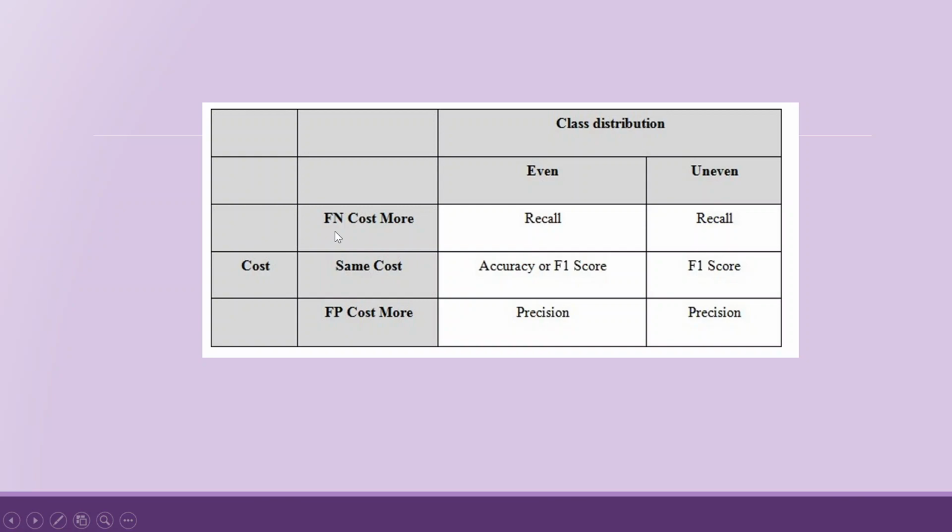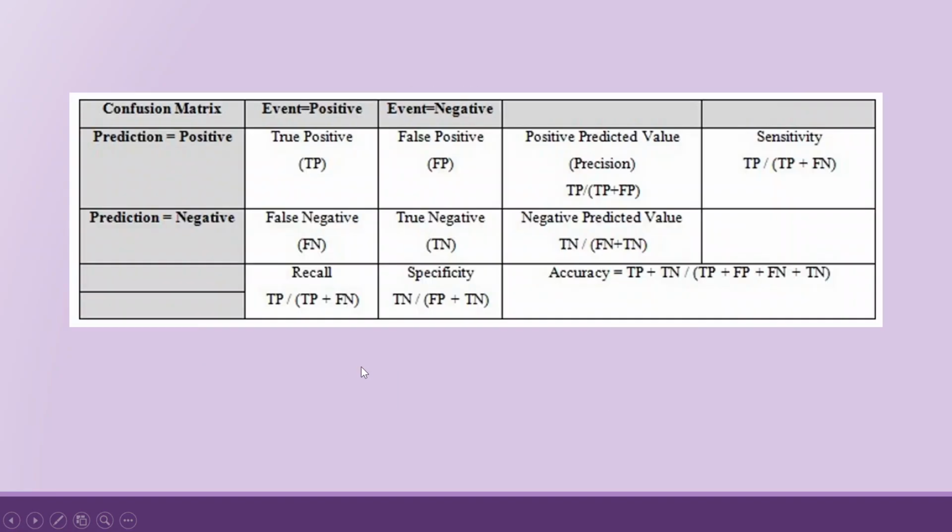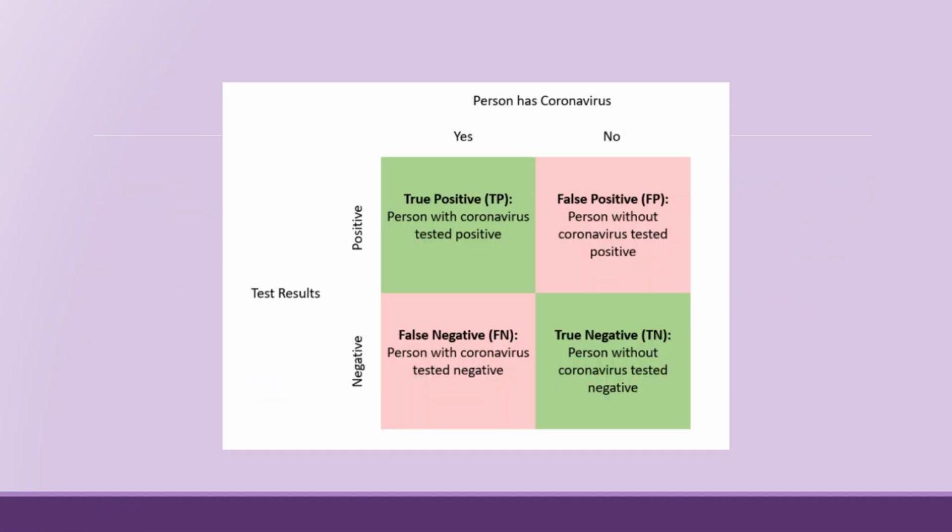Now let us understand what is the difference. What is false negative cost more or false positive cost more? Now here, a person is corona positive. That is yes. And the kit detected it no. So this is more harmful in comparison to a person who was not corona positive, and the kit detected it positive.